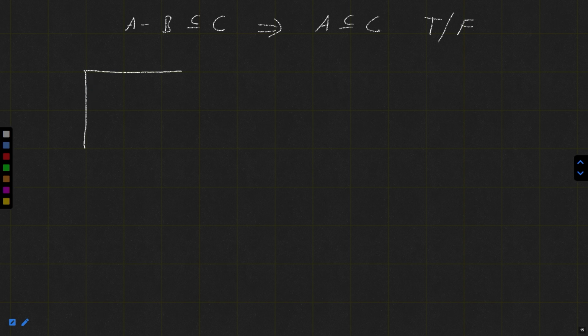In a Venn diagram there is a universal set represented by a rectangular box.